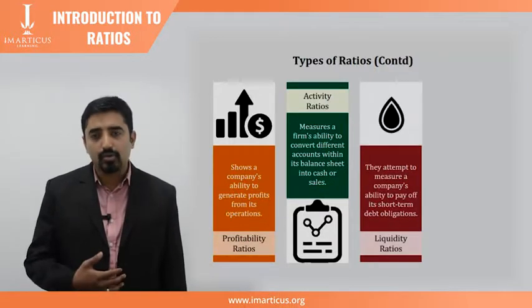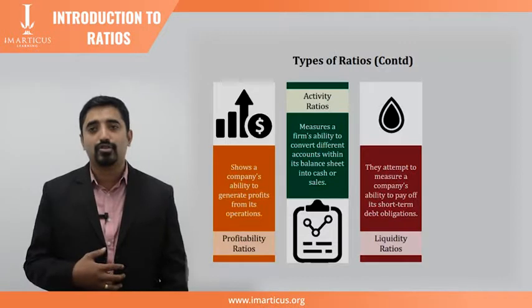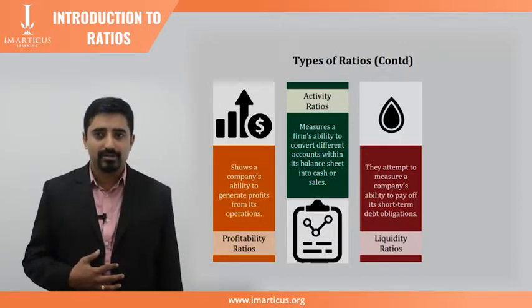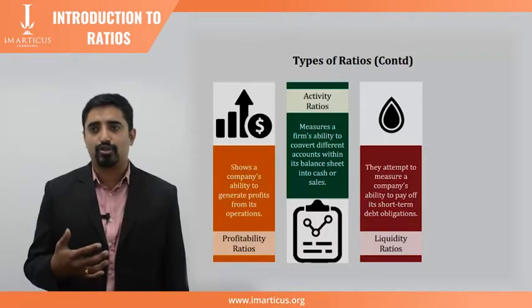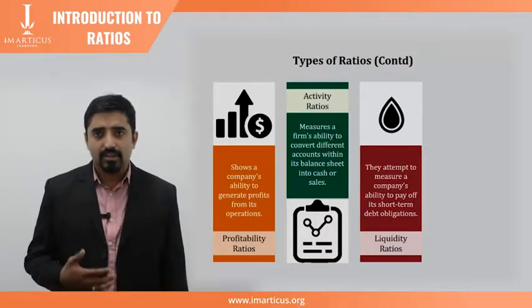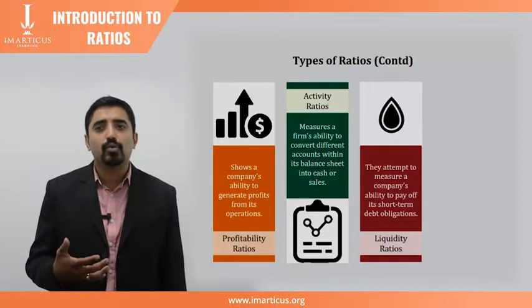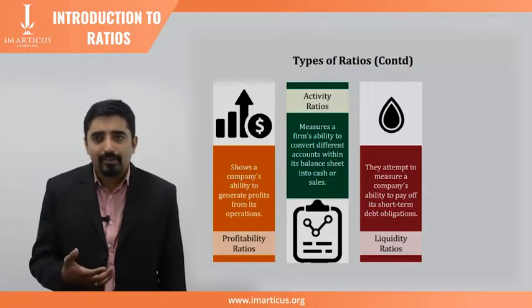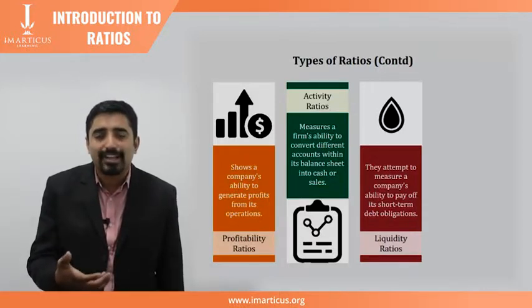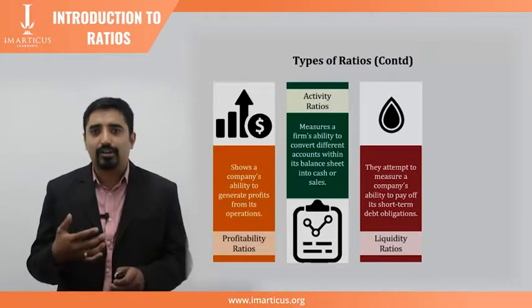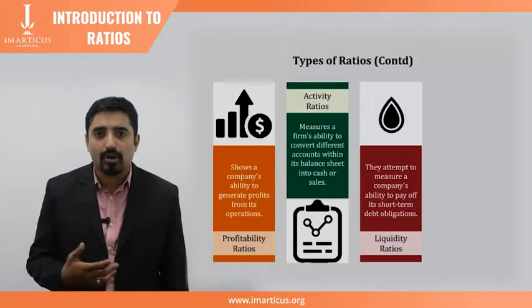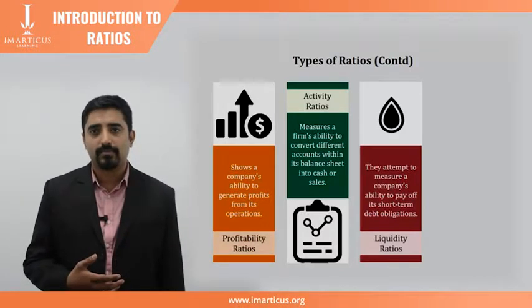The third class of ratio is liquidity ratios. They attempt to measure a company's ability to pay off its short-term obligations. This is done by comparing a company's most liquid assets, or those that can be easily converted into cash, and trying to see its ability to pay short-term liabilities.